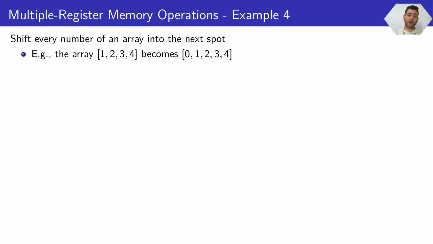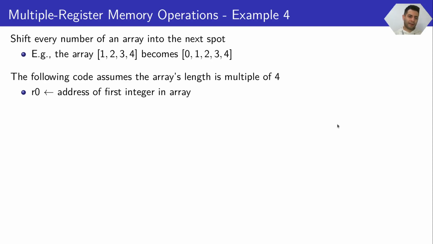Example number 4, we want to shift every number of an array into the next spot, and the first element will be replaced by a 0. So again, this is very simple code. It only works if the array's length is a multiple of 4. It is just an example.